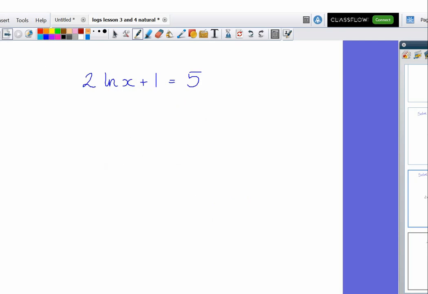So we really can't begin to find x in this form, I'll just put the e there, until that's the subject of the formula. Okay, so let's make that the subject. So if we take away 1, we'd have 4, we'd half it, we'd get 2. So again, using our knowledge of here, I'm not going to write natural log here, because that wouldn't make any sense, as I'd be writing natural log with a rational base.